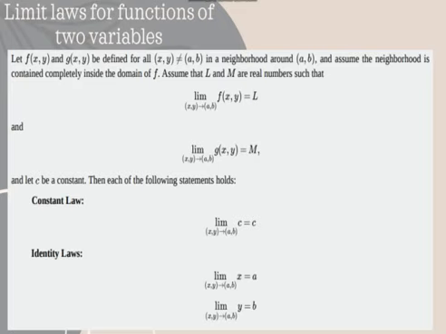In the first, class, we set y to 0 here, so only x is left. And here, we set x to 0. In the identity laws, we are told that we can do this.